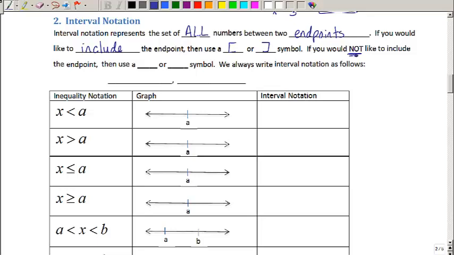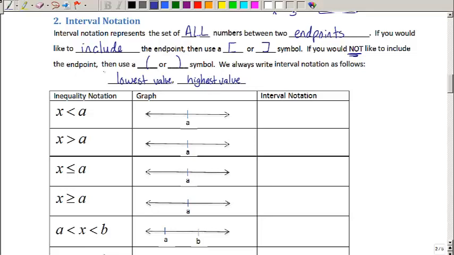If you would not like to include the endpoint with your solution, then use a parentheses symbol. We always write our interval notation as follows: the lowest value, comma, the highest value. These values are your endpoints, and we include all numbers in between them if we're using interval notation.